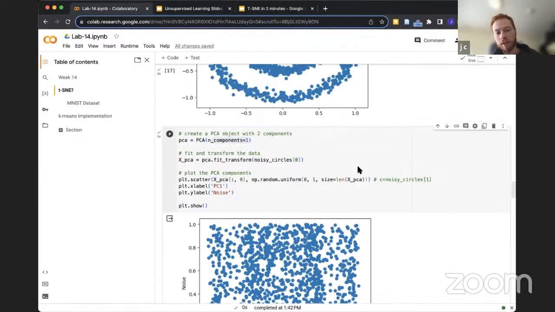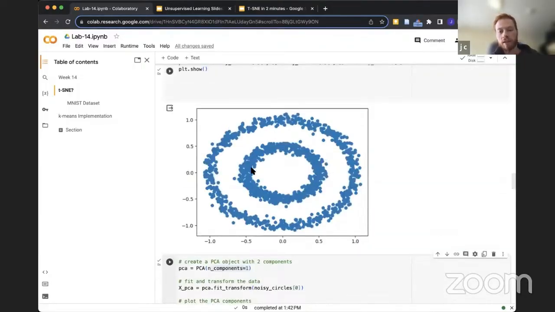Essentially asking the question, okay, if we plot this data here in two dimensions, we see, I would say, two clusters. One ring is one cluster. Now, suppose this is higher dimensional data with, let's say, 10 dimensions. We couldn't just plot it and see how many clusters there are, what the data would look like. So we apply a dimensionality reduction method like PCA.